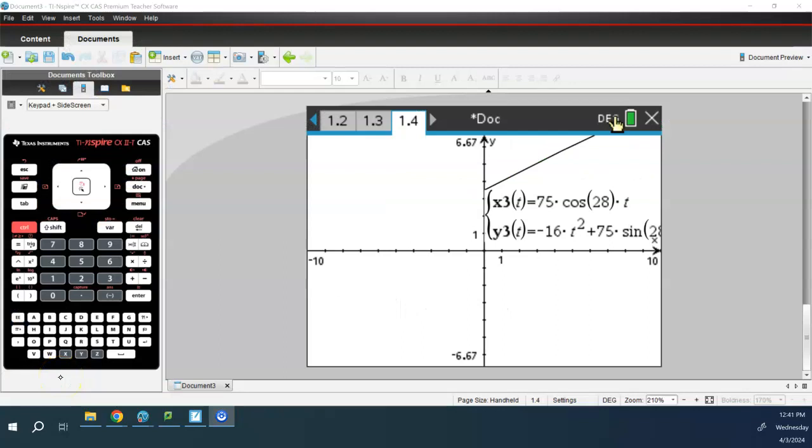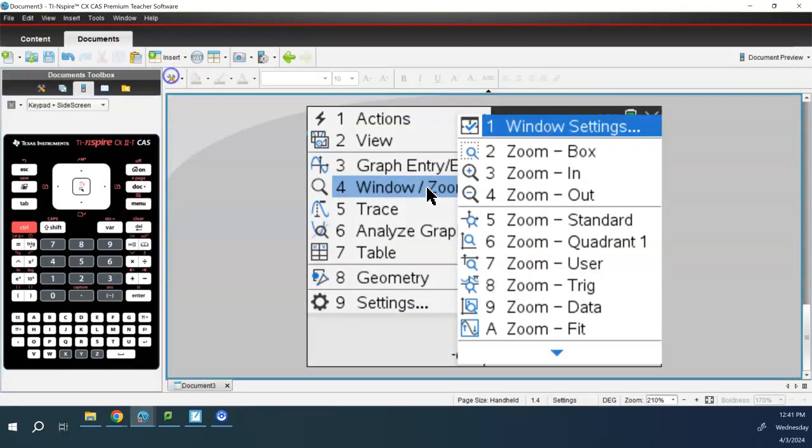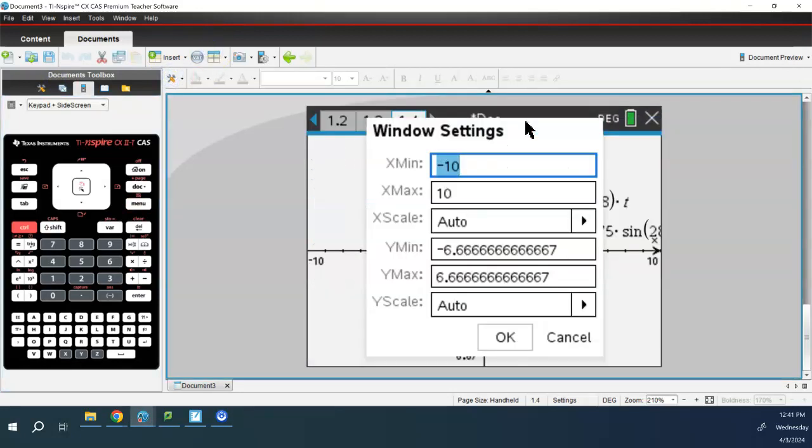But now I don't see the true path of my ball, right? So I got to adjust my window. So if I'm thinking about my window here, I'm thinking -10. How far out do I need to go? The wall's at 190, right? So let's go 220.